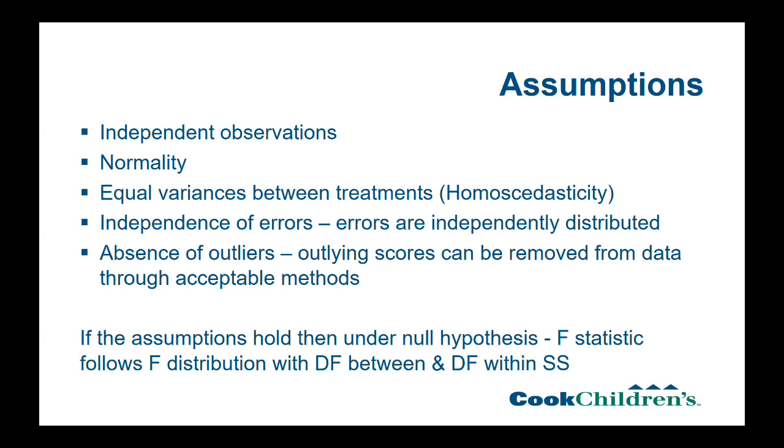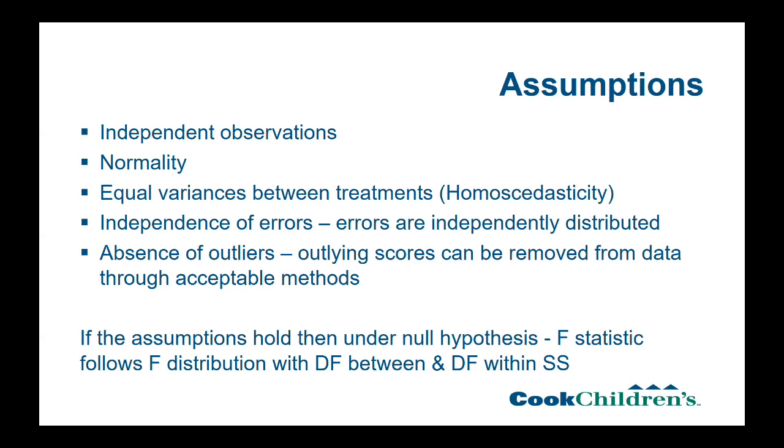Some of the assumptions related to analysis of variance, especially the one way ANOVA, are independent observations, and then normality, which you are familiar with: the data must come from a normally distributed population. You also want to assume that the variances are equal between treatments, and that there's independence of errors and absence of outliers.